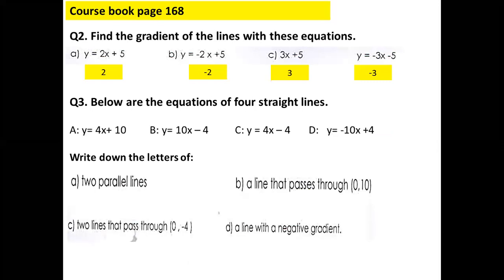In this question they want you to find 2 parallel lines. We said before that 2 parallel lines have the same gradient. Which lines have the same gradient? Who wants to answer?